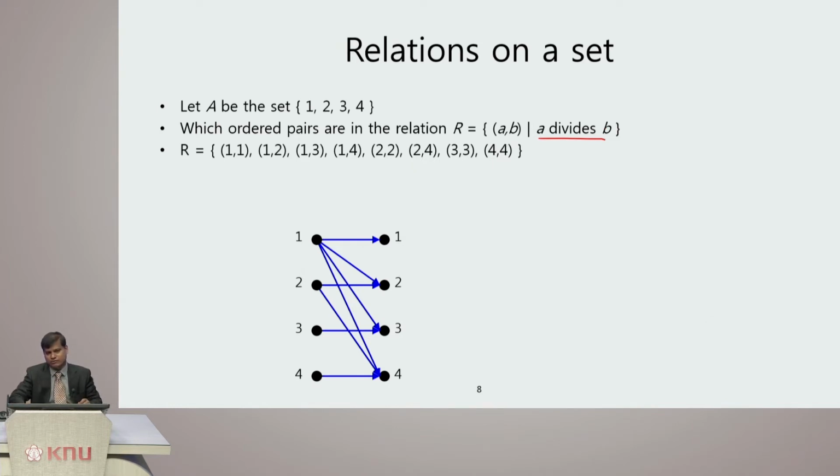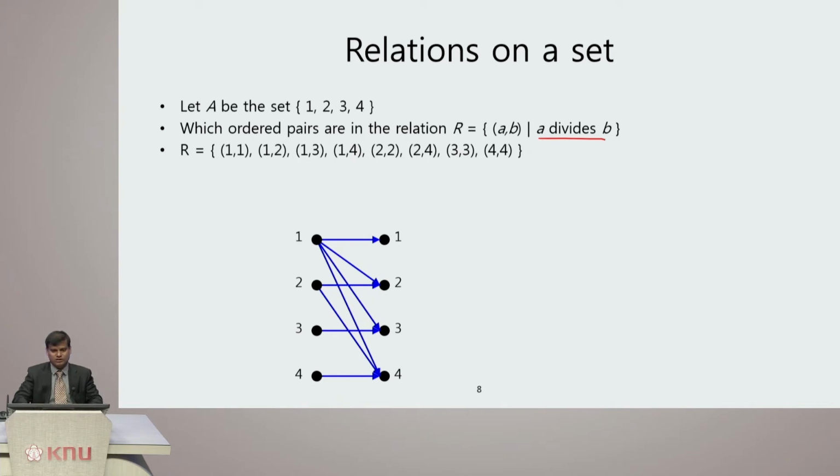Yes, 2 divides 4, 2 divides 2. So 2 is connected to both 2 and 4. 3 divides 3, so 3 is connected to 3. 4 divides 4, so 4 is connected to 4. In other words, they are related. 1 divides 4, 3, 2, 1, so they are connected.